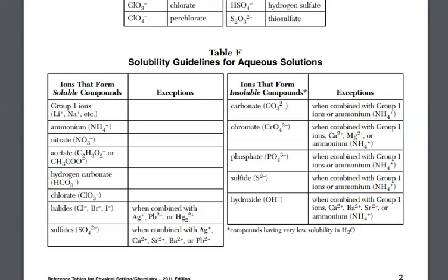Checking out Reference Table F, it says solubility guidelines for aqueous solutions. In other words, your salt solutions, your ionic compounds. You're going to have positive ions and negative ions, but when they are put in water, do they separate or do they stay together? If they separate, they are soluble in water, and if they do not separate, they're insoluble.